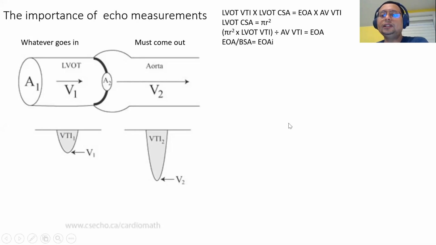In assessing prosthetic valve, my advice to you is don't take into account effective orifice area or effective orifice area index early. There are times in prosthetic valve where effective orifice area might make you worry or think that the valve is dysfunctional when it is not. So don't start with effective orifice area when assessing the prosthetic valve.